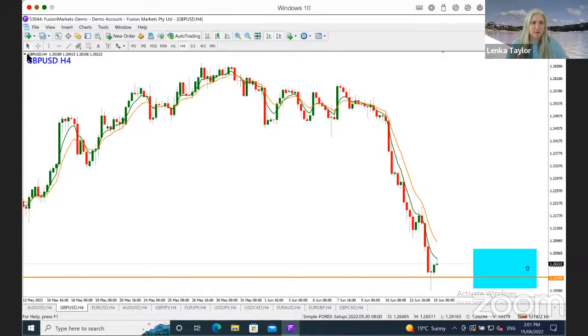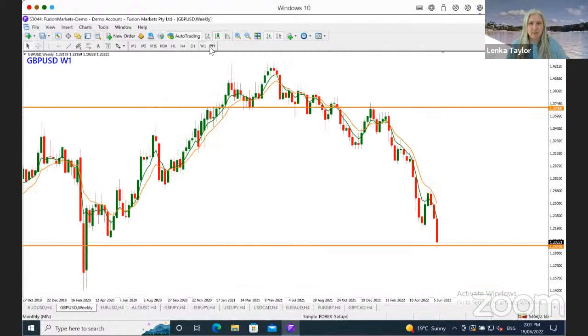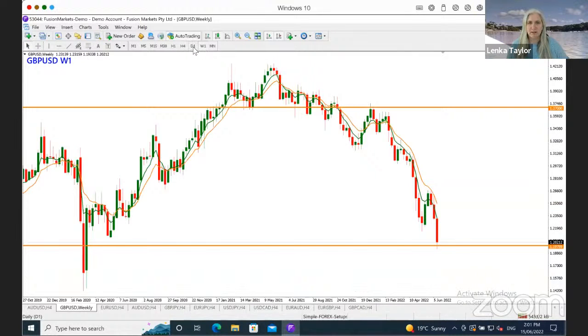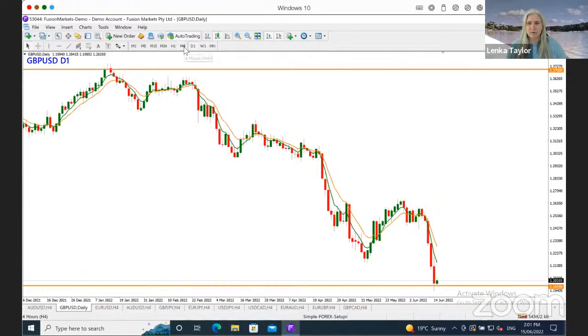All right, so here we go. We're starting off with GBPUSD. Now, on the daily, or even weekly, monthly, let's have a look. We are back to that support area that we were looking to get to. And from this point onwards, we're going to look to see if there is a reversal.